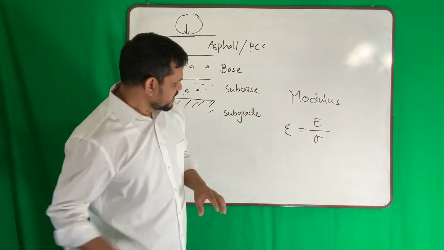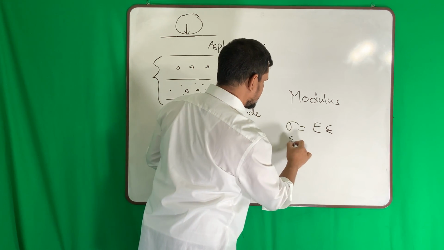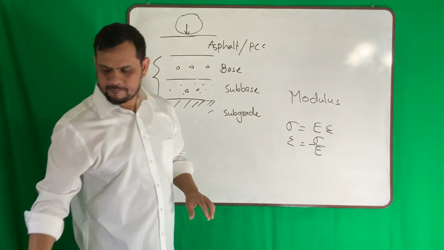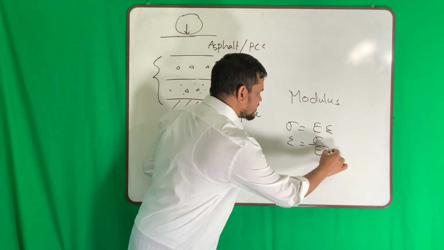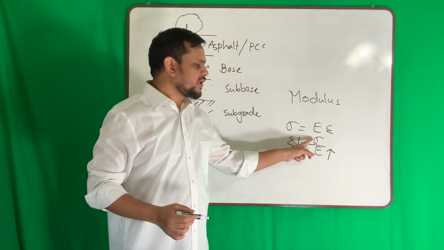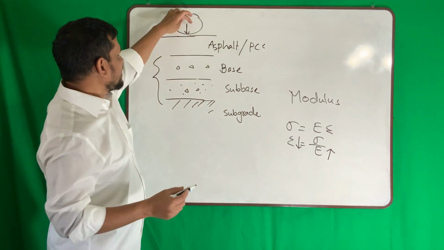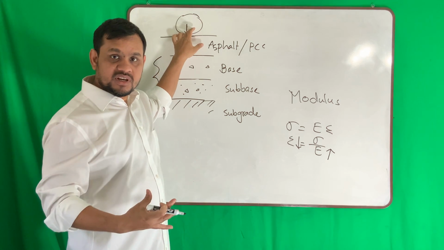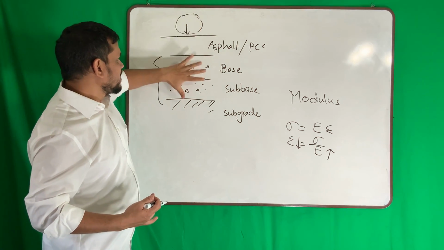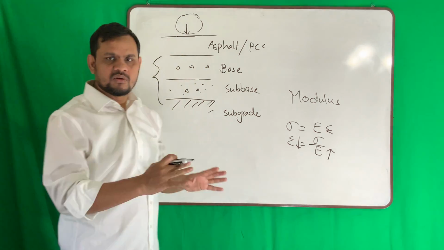So if my modulus is higher, you can see my strain will be lower for a particular applied stress. When traffic goes, it will apply some load that will produce some stress, that is fixed. Now, whatever I apply here, if my modulus here is higher, the deformation of this layer will be lower.